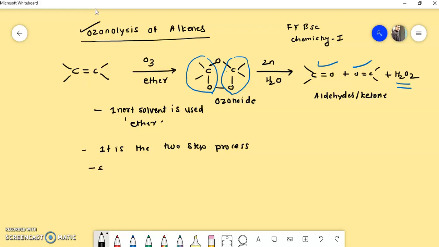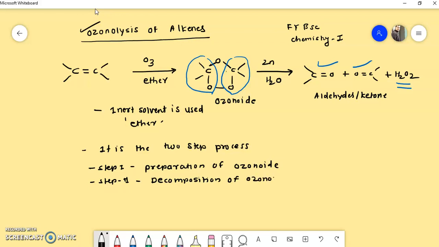The first step is preparation of the ozonoid intermediate, and then the second step is decomposition of the ozonoid to give corresponding carbonyl compounds.